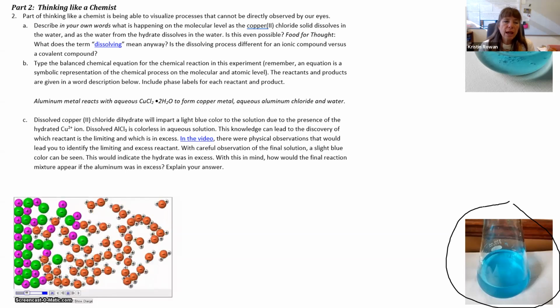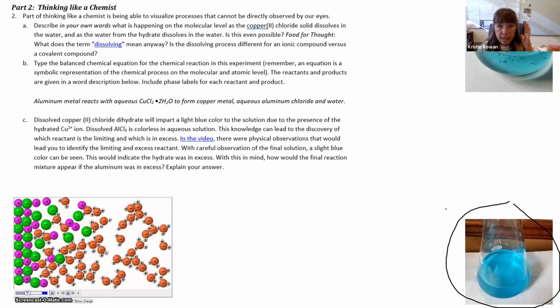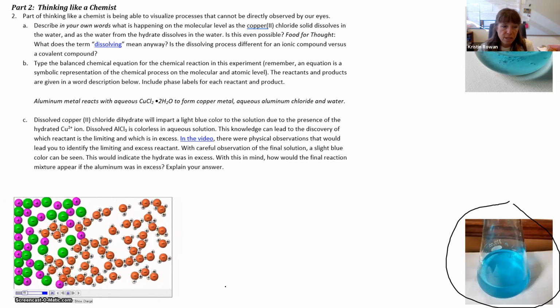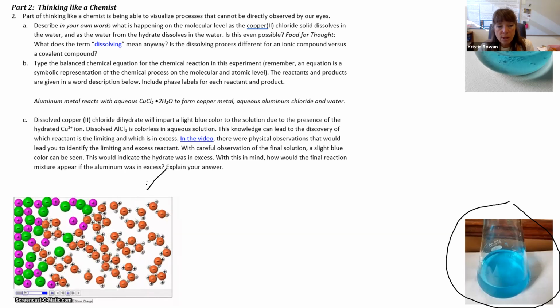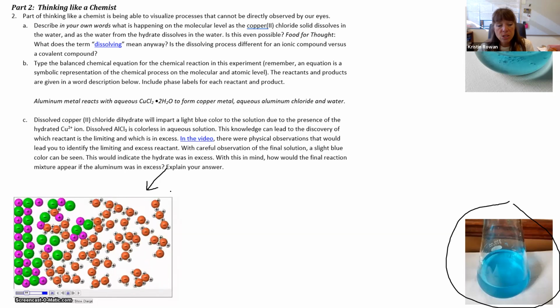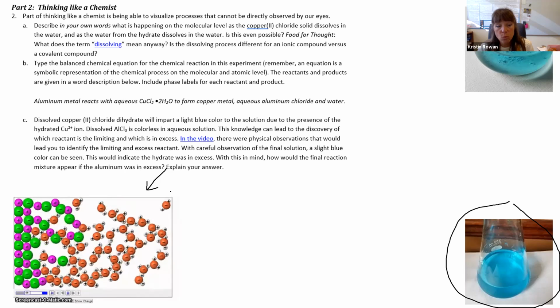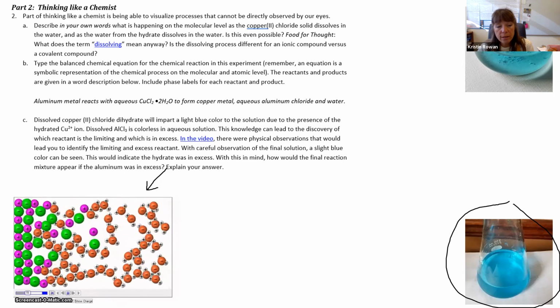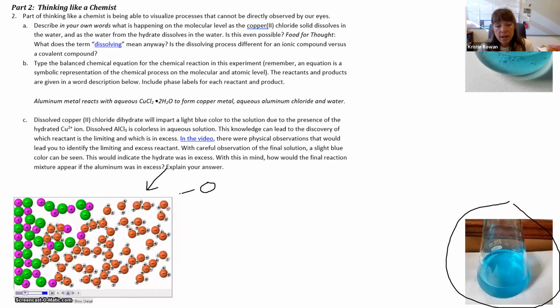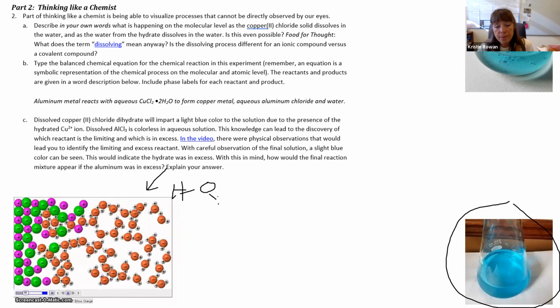So in part 2, the idea was to think like a chemist and be able to visualize dissolving. I always love the GIFs. GIFs help us visualize some things. What this GIF was trying to help us visualize is the dissolving of an ionic solid in water. Water is the red molecules with the positive ends, because water has hydrogens on that side.